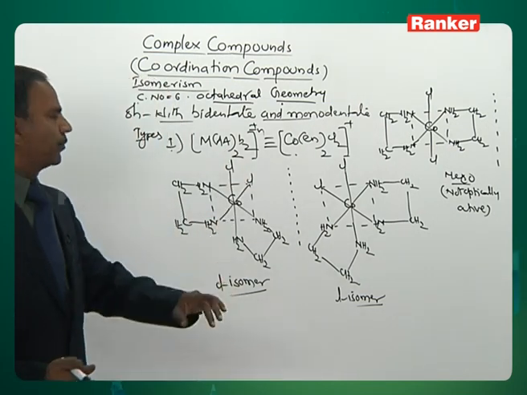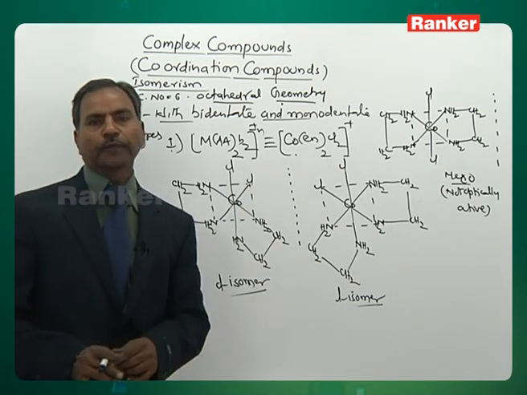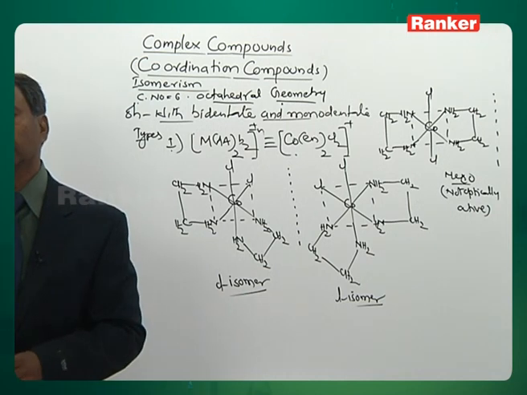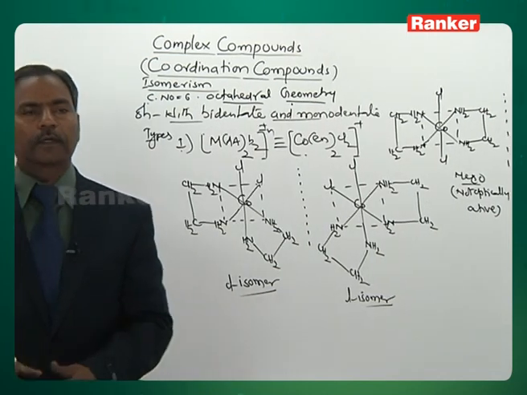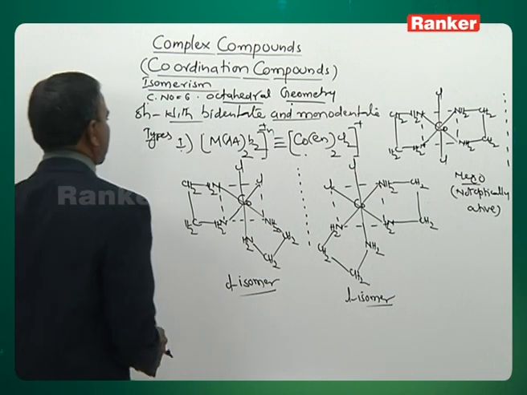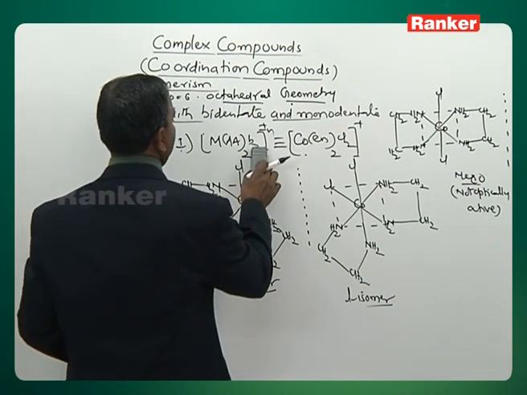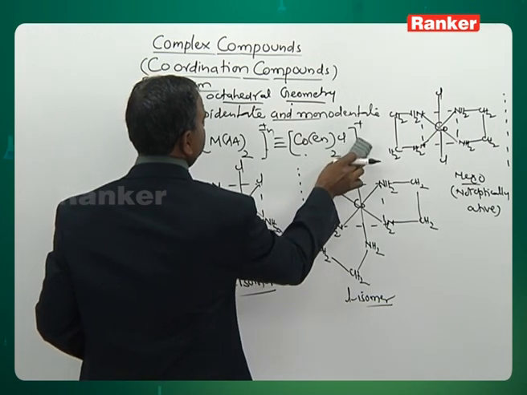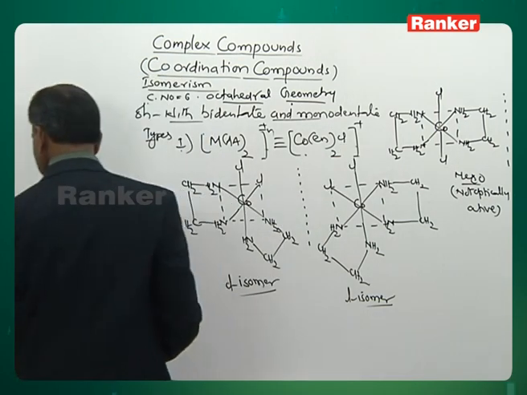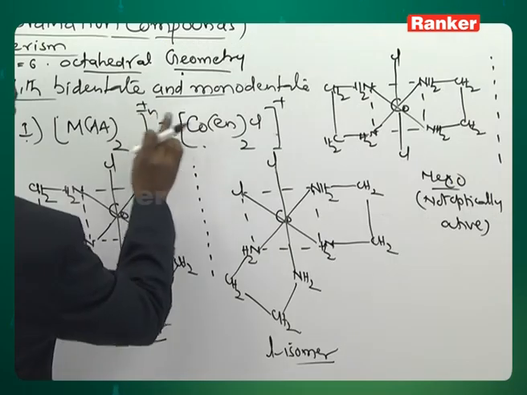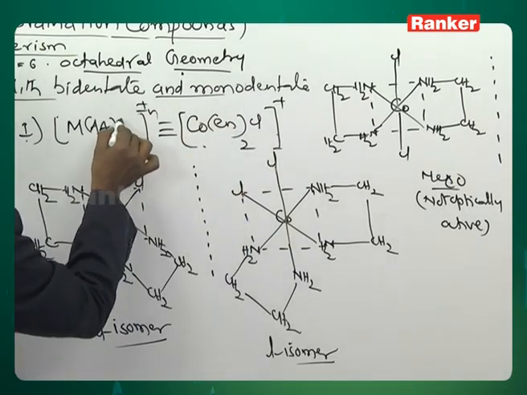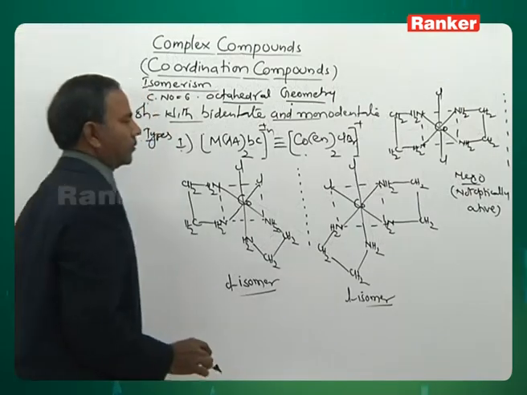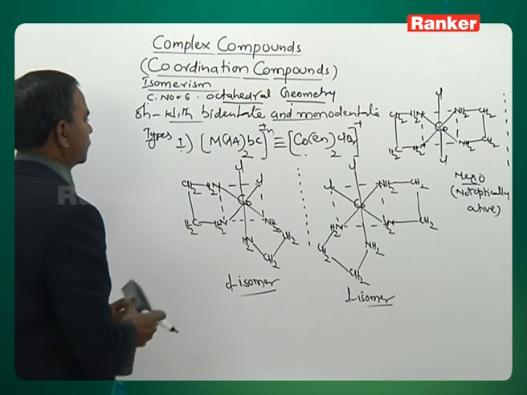Similarly, you can also show for M(AA) taken twice, BC. It is more or less the same. Instead of chlorine and chlorine, we can write Cl and Br. We can show that the cis is optically active and the trans is not optically active. Let me show that one. M(AA) taken twice, BC, I write ClBr.